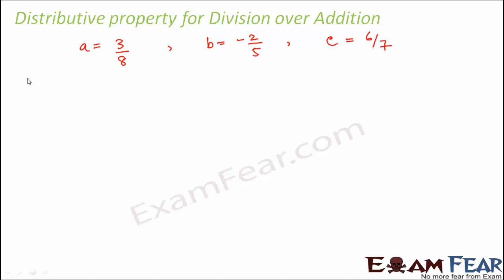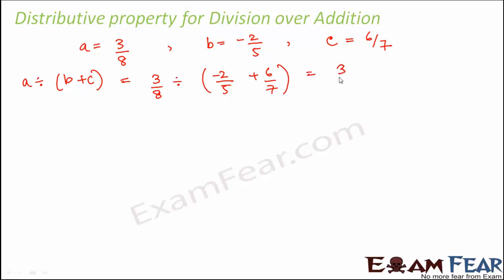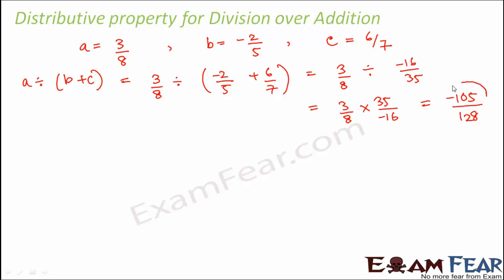So in this case, when we try to calculate a divided by b plus c, we get 3 by 8 divided by minus 2 by 5 plus 6 by 7. So how much do we get? We get 3 by 8 divided by 16 by 35. So this is equal to 3 by 8 into 35 divided by 16. So this comes out to be 105 divided by 128.